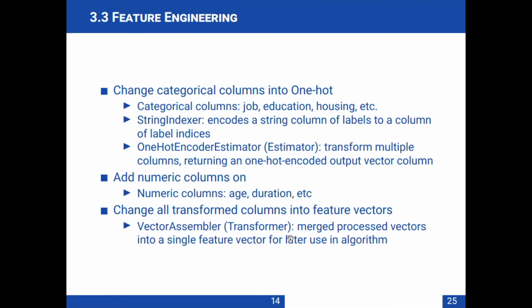Then the one-hot encoder estimator transformed the multiple columns to a one-hot encoded output vector column. After adding the numeric columns like age, duration, and so on, the transformer of vector assembler merged the processed vectors into a single feature vector for our later use in algorithms.